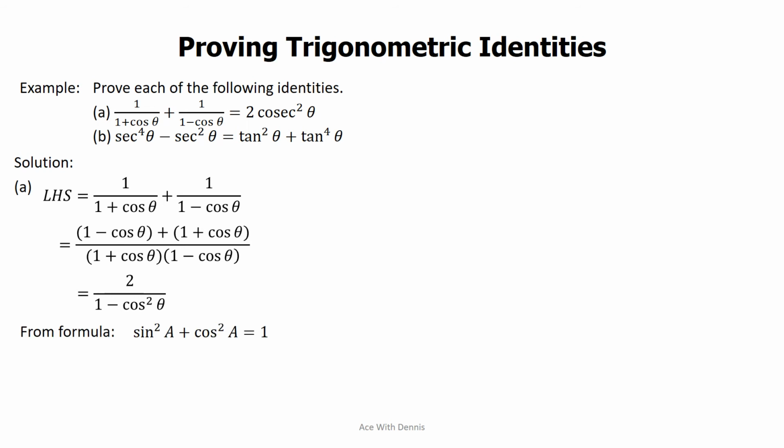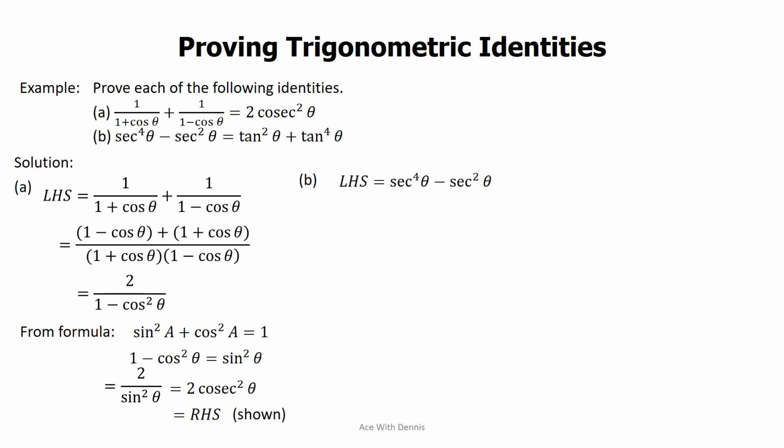And we know from the formula, sine square A plus cosine square A equals 1, 1 − cosine square theta will equal sine square theta. Therefore, it becomes 2 over sine square theta, which is equal to cosecant square theta. So it is equal to the right hand side. Hence, I have proven this identity.